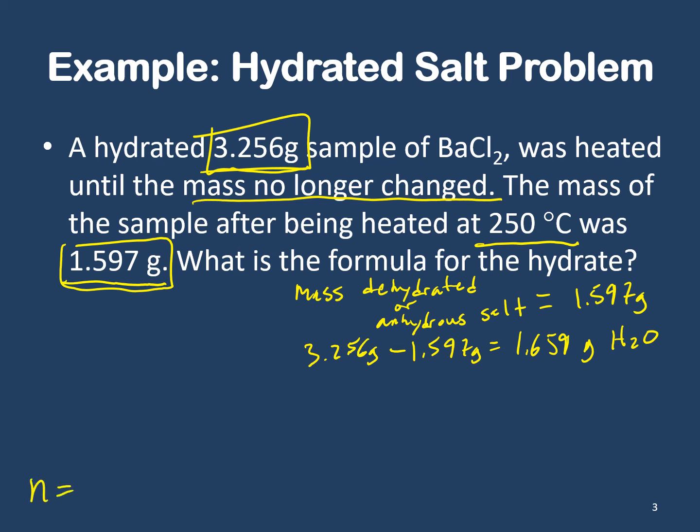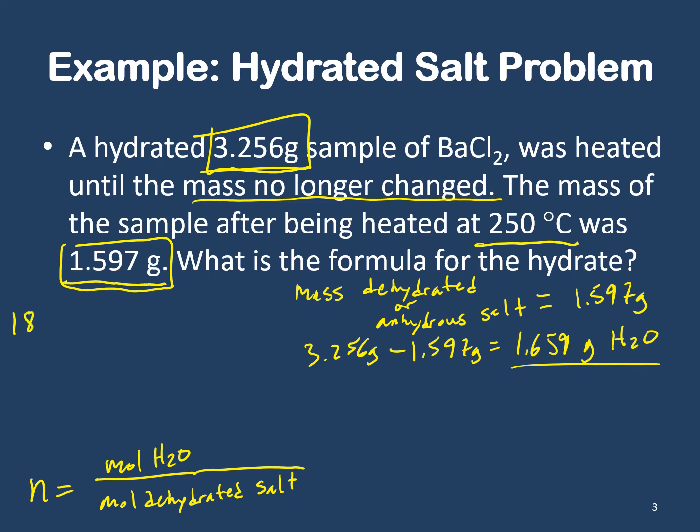Now again, we need N here. That's what we're trying to determine. And N is moles of water over moles of dehydrated salt. So I have grams of water. Now I need to get moles of water. I know the molar mass of water, or I can calculate it.